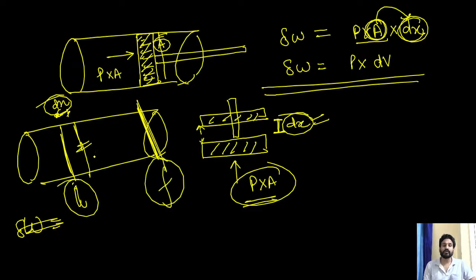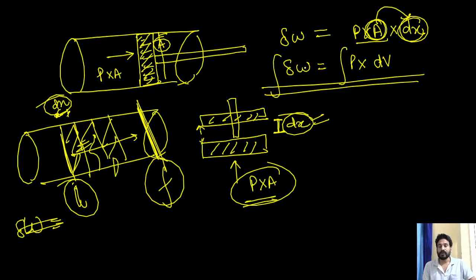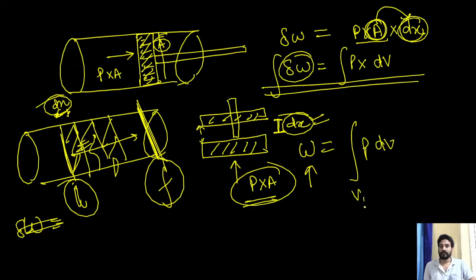So what we have to do is just integrate all these small work done, this work done, this work done, right? That's why we use the integration. After integration, it is my W, the total work done, equal to the integration of P dV. So integrate from V1 to V2. What is V1? Initial volume. What is V2? Final volume. Is it clear to you?